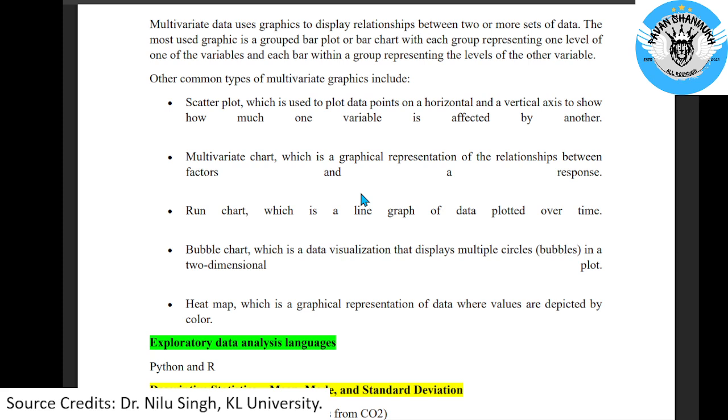Then there are multivariate charts. This is used for the representation of relationships between factors and response. Multivariate, so that's why factors as well as response are in the picture. Run charts just represent how data is moves from one point to another in a line manner, just by representing a line.